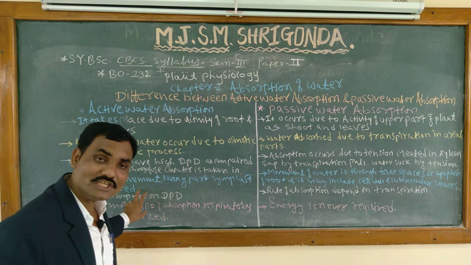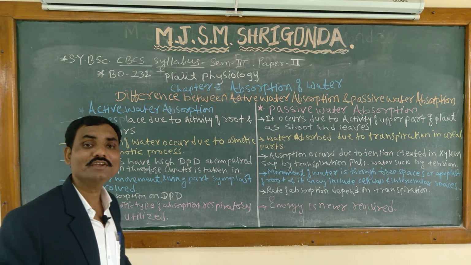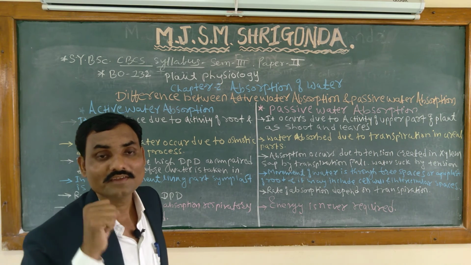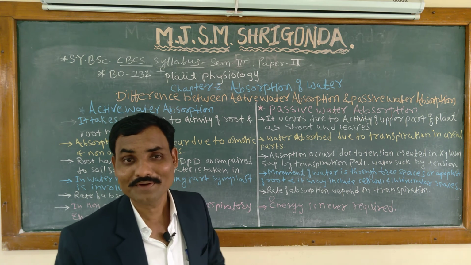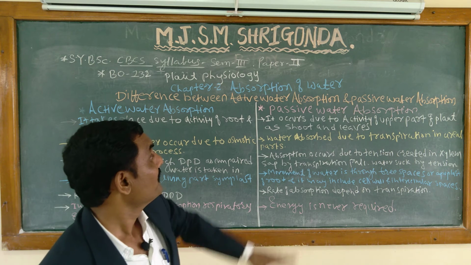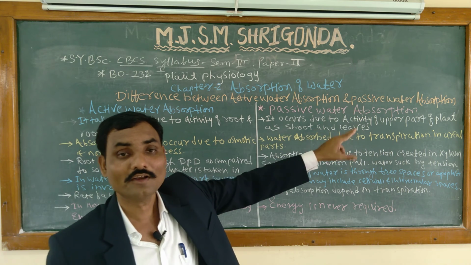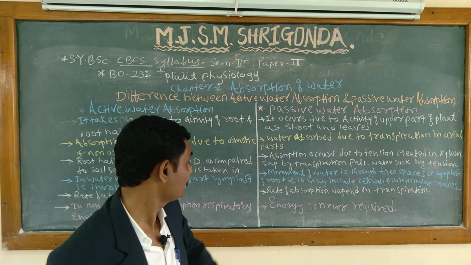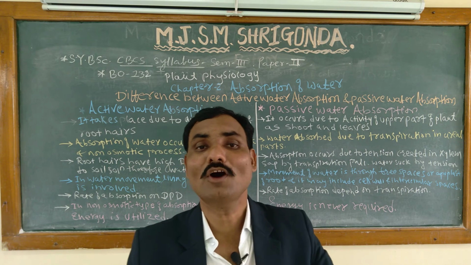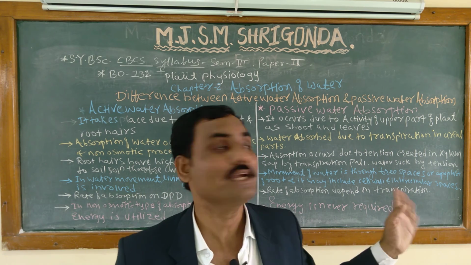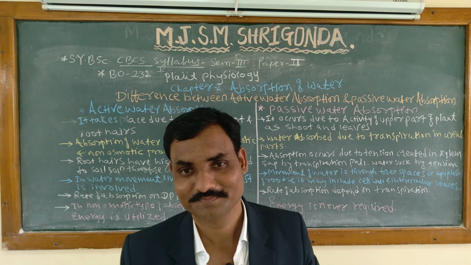That means energy is required, and that energy is in the form of ATP. But in passive water absorption, energy is never required. There is no requirement of energy in passive water absorption.